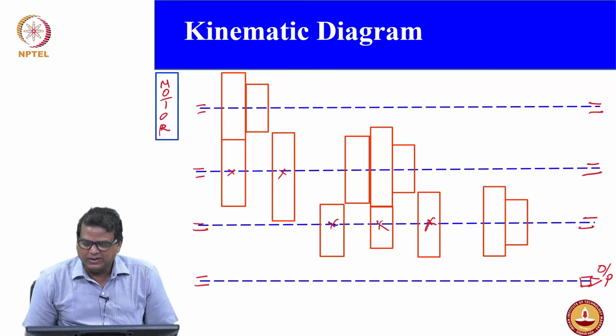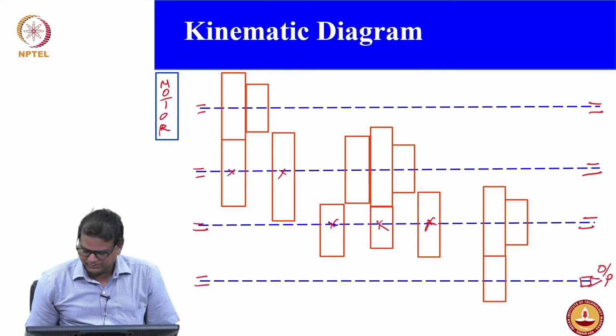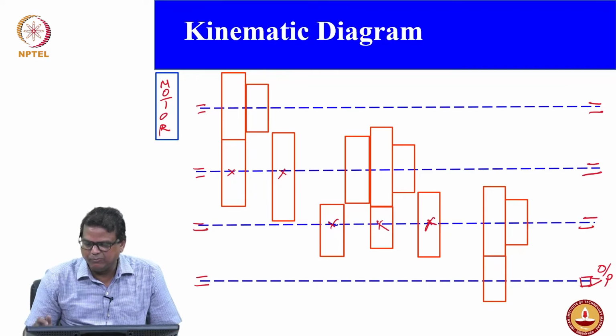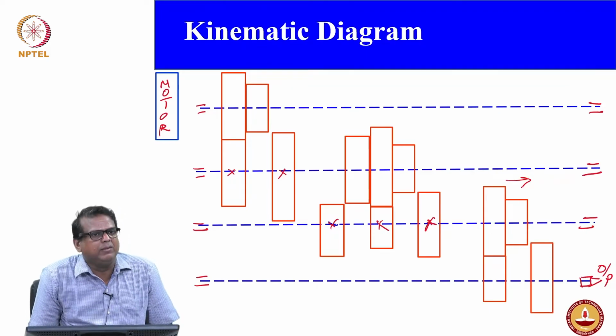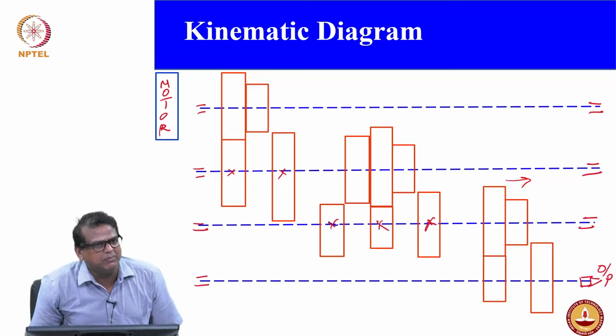Now, I need to have one mesh here. The other one will give me the higher RPM, and if I move the gear shift this way, I will get my minimum speed 31.5 RPM. In fact, these two are fixed.